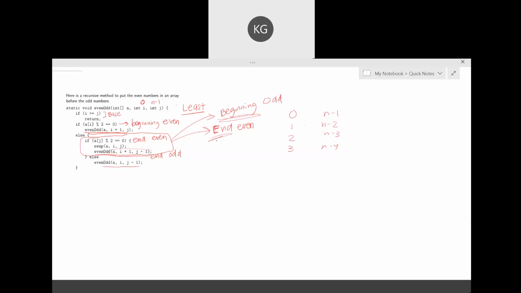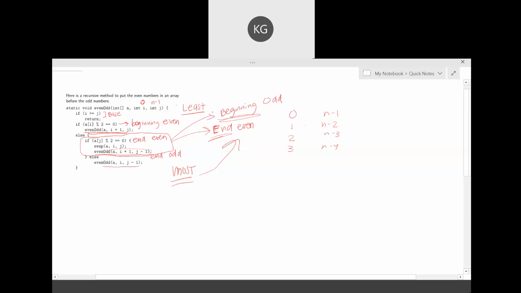And then for our scenario where we have the most amount of recursive calls, all we need is to go to either this first if statement or this else statement. Anything that's not this will be the most case.